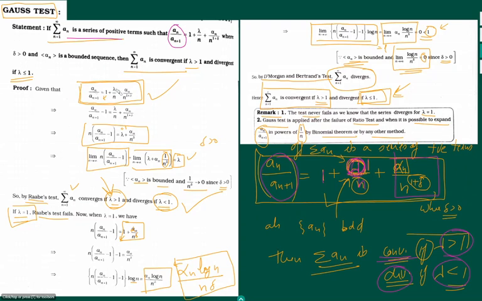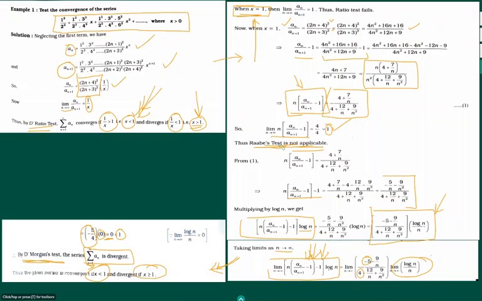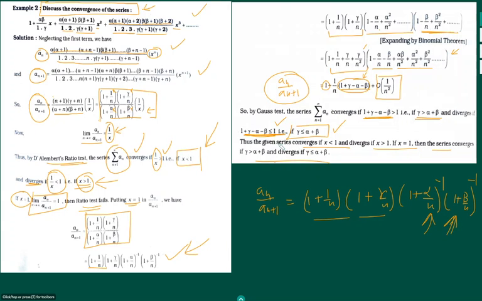The proof was pretty easy using the ratio test, Raabe's test and the De Morgan test. So the Gauss test never fails, and it is applied when an over an plus 1 can be expanded in powers of 1 over n. We have done one exercise using the De Morgan Bertrand test and one exercise using the Gauss test.